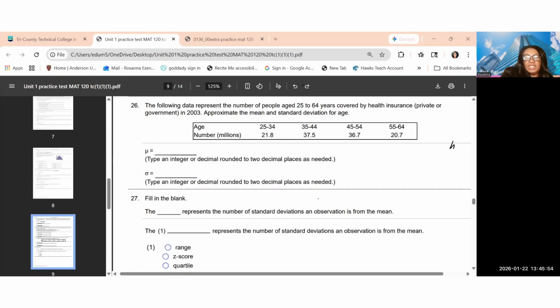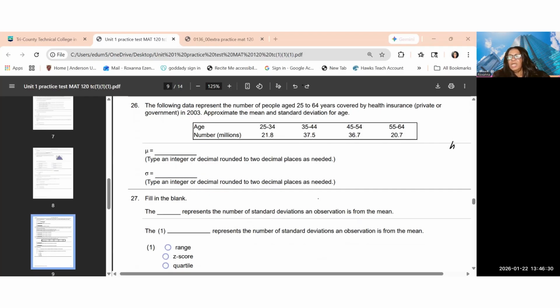So 21.8 million people were aged between 25 and 34. Then 35 to 44: 37.5 million people were aged between 35 and 44.